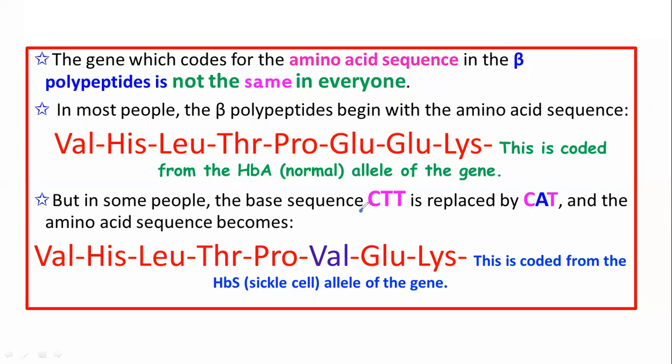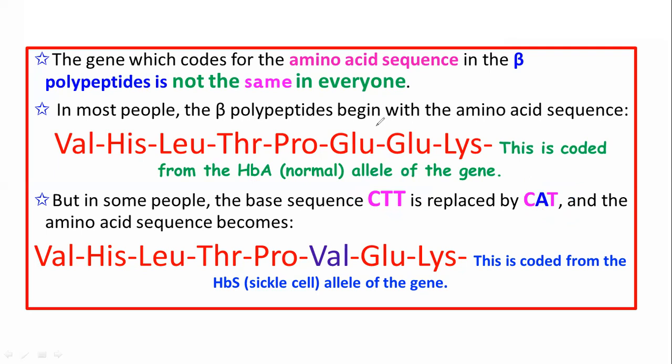In some people, the code CTT, which is the code for glutamic acid, is replaced by only 1 letter, an A, and now this CAT is the code for valine.